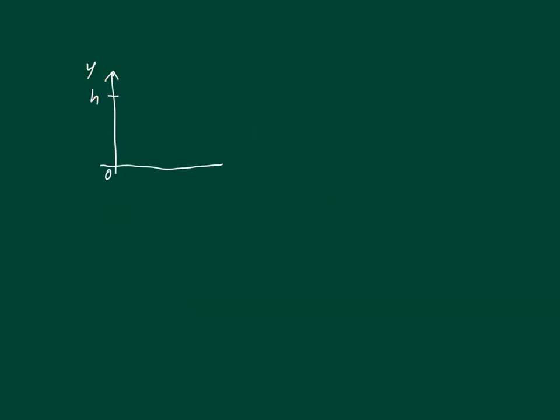So how do we prove this? First we have to make some assumptions. Our first assumption is that the height h is much smaller than the radius of the Earth.